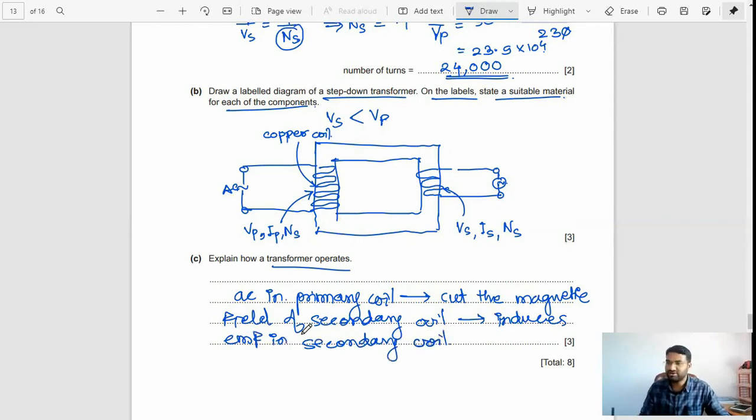That is how it works. This is how step up and step down transformers work generally.